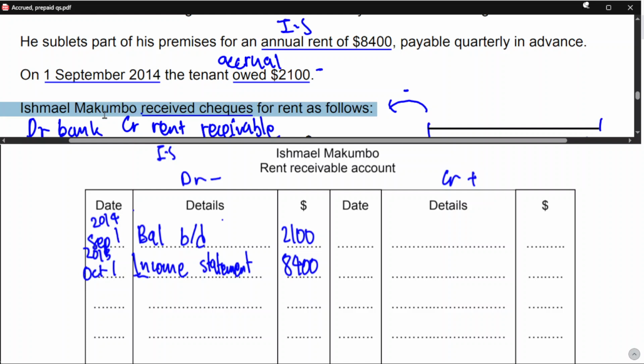Receive a cheque, so receivable credit bank.